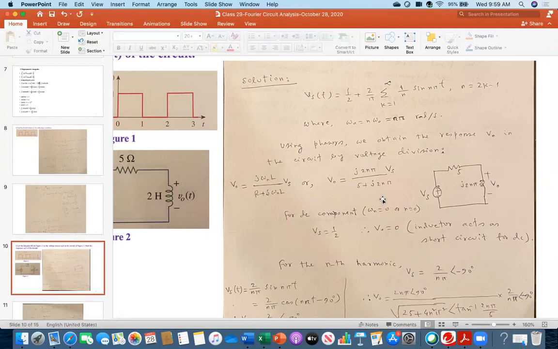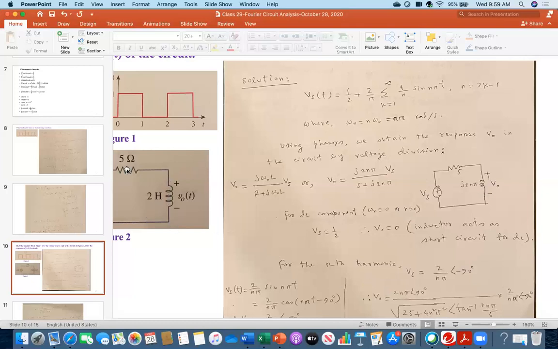DC frequency is 0. So you can say omega n is 0 for the DC component, or in other words, n is 0. Therefore, if you put n equal to 0, you get V naught is 0. And that makes sense if you really see the circuit.